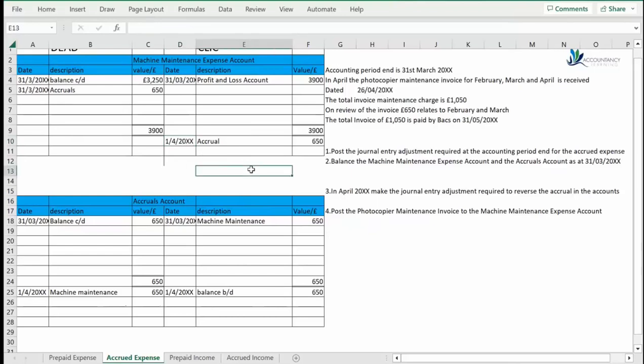So now we've nullified the accruals account, setting us a clean sheet for the new period, and we've credited the machine maintenance expense account.